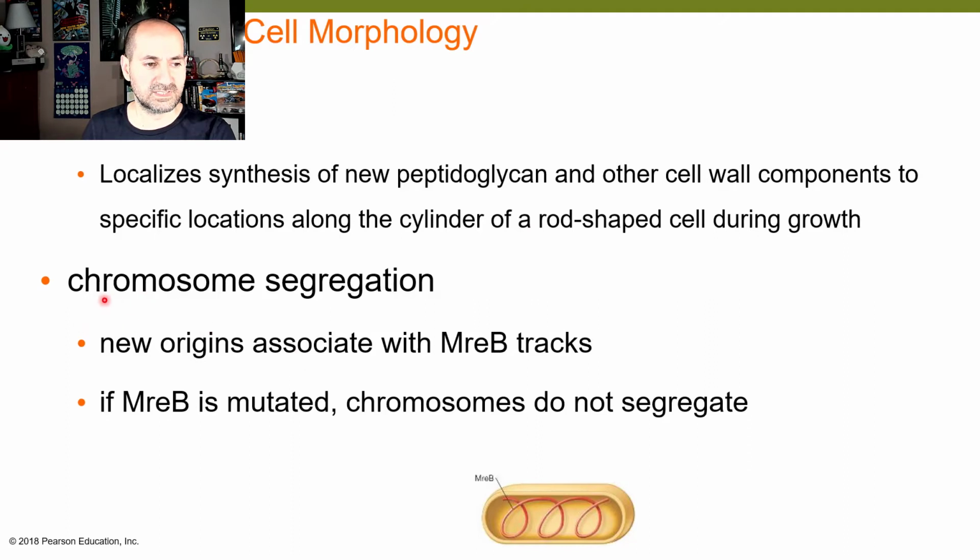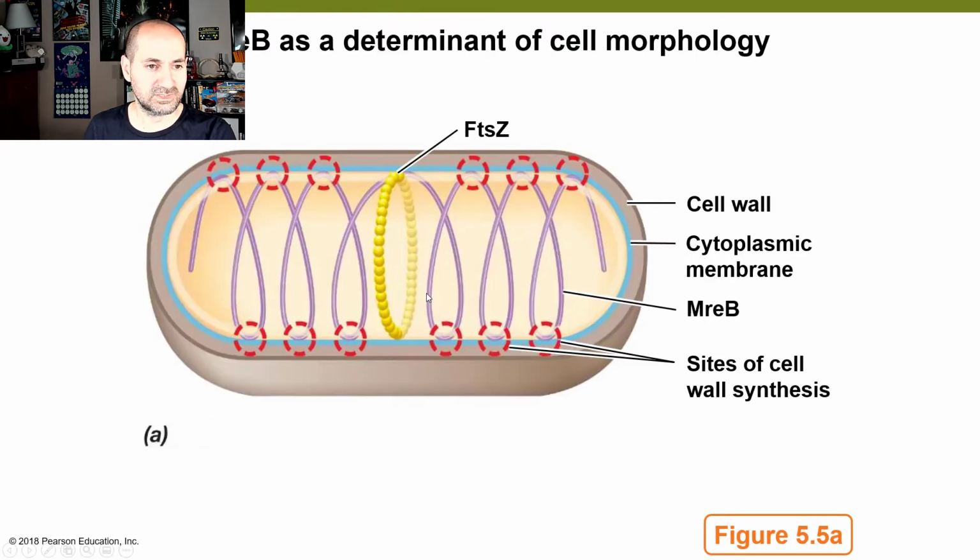Also, you should know that that's how the chromosomes segregate during binary fission. They move along this spiral. So MreB is involved in new peptidoglycan synthesis, and it's involved in chromosome segregation during binary fission.